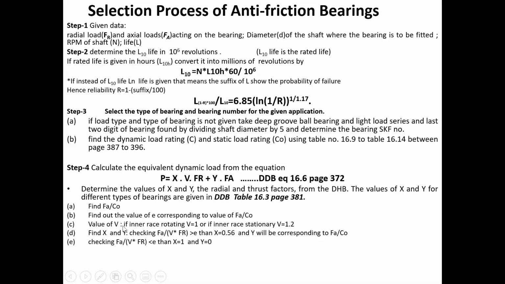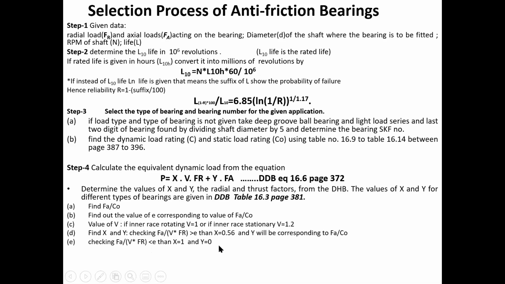Then find V. If the inner race is rotating, V is equal to 1. If the outer race is rotating, then V is equal to 1.2. Find X by checking: if Fa upon V Fr is greater than e, then take X equal to 0.56 and Y will be corresponding to Fa upon C naught or corresponding to e. If Fa upon V Fr is less than e, then X will be equal to 1 and Y is equal to 0.